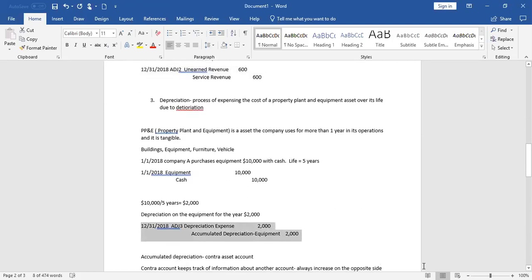Remember, depreciation is the expensing of the cost of a property, plant, and equipment over the time we're going to use it due to deterioration. The journal entry is to debit depreciation expense and credit the contra asset, accumulated depreciation. And you'll be given that dollar amount.